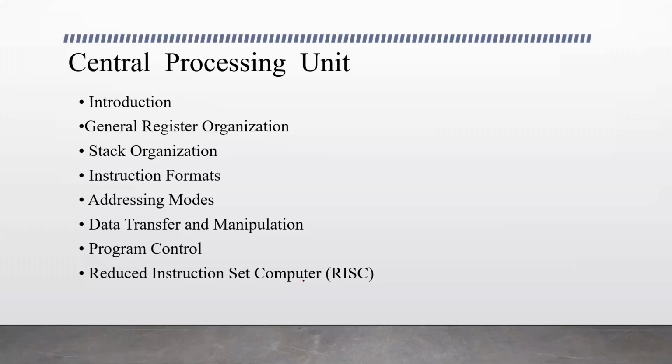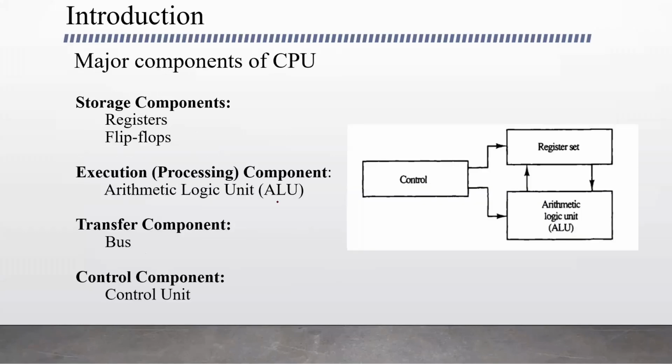So let's learn about the central processing unit. We know that the central processing unit is a very important part of the computer that does processing, right? The major job that the computer does is execution of instructions, and that is done in the central processing unit.